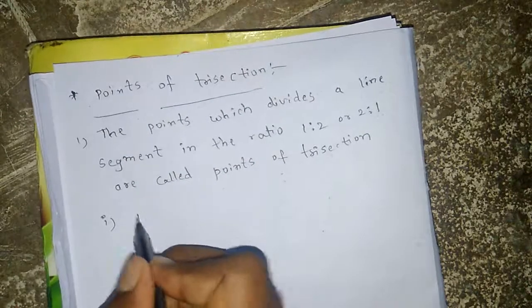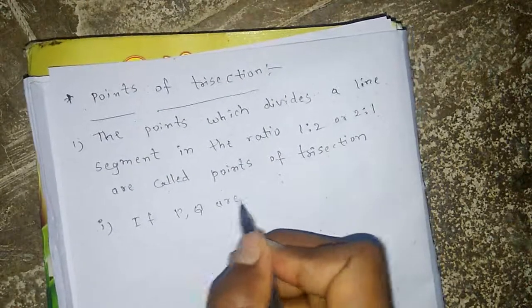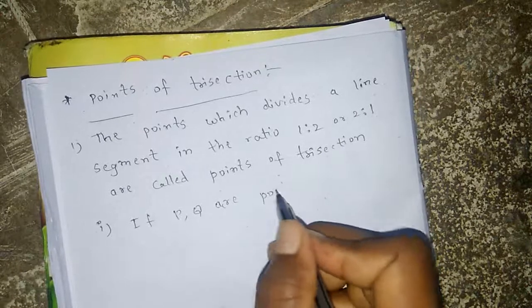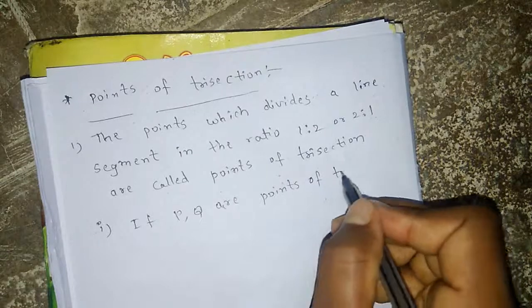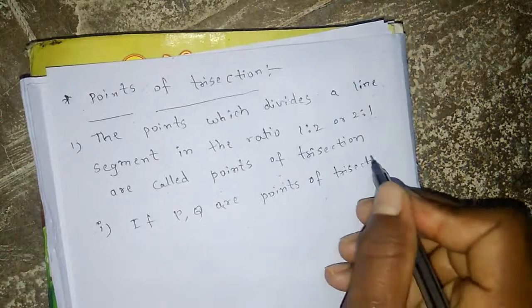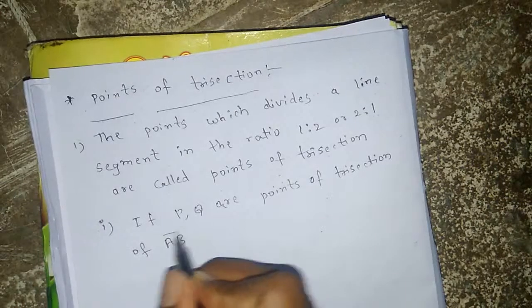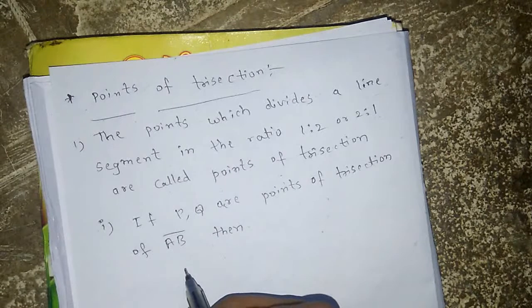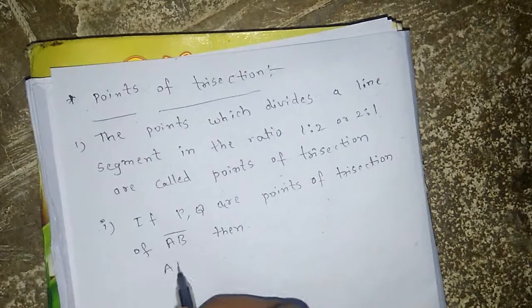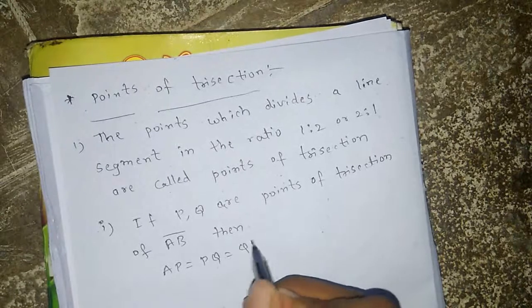Next point, if P, Q are points of trisection of AB, then AP is equal to PQ is equal to QB.